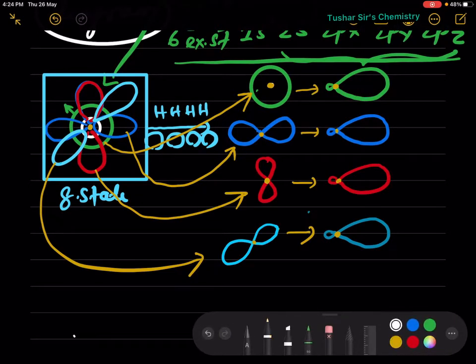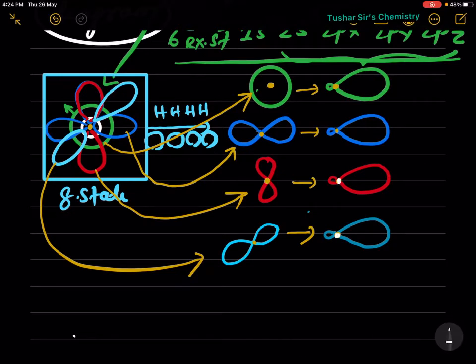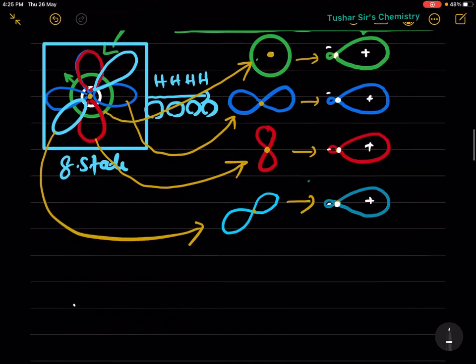In all these four cases, the nucleus is the same, so we cannot draw four different hybrid orbitals. The bigger lobe is positive, the smaller one is negative, and they have a common nucleus.